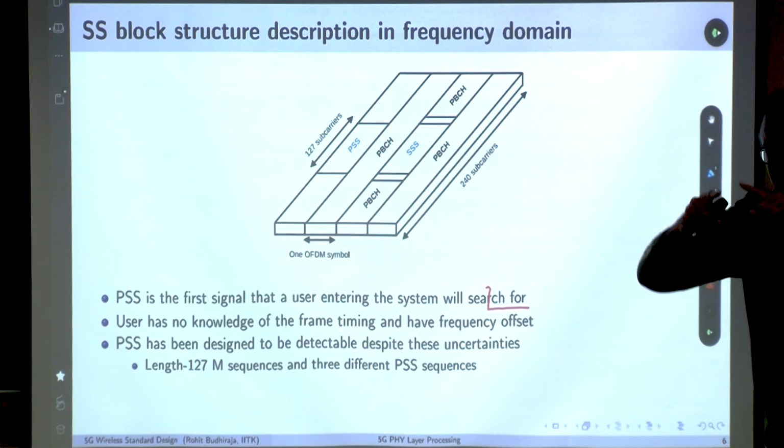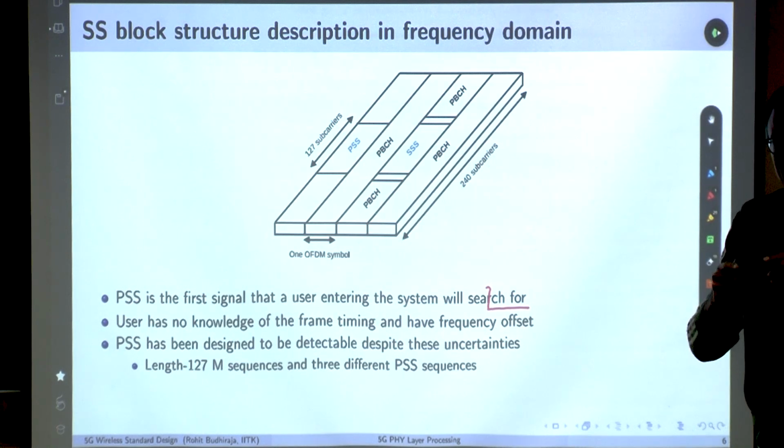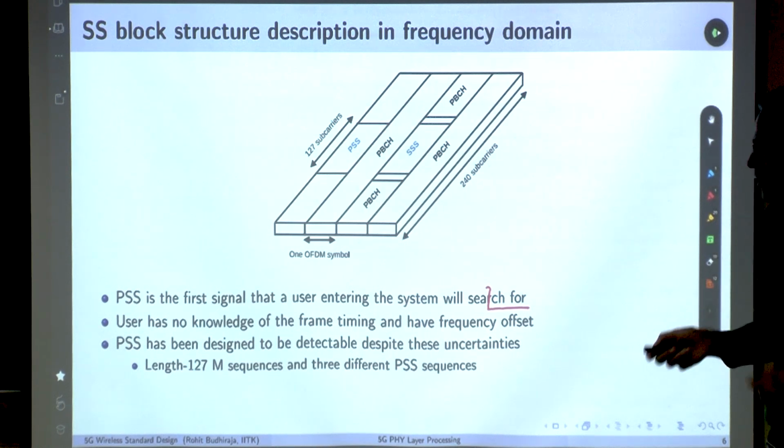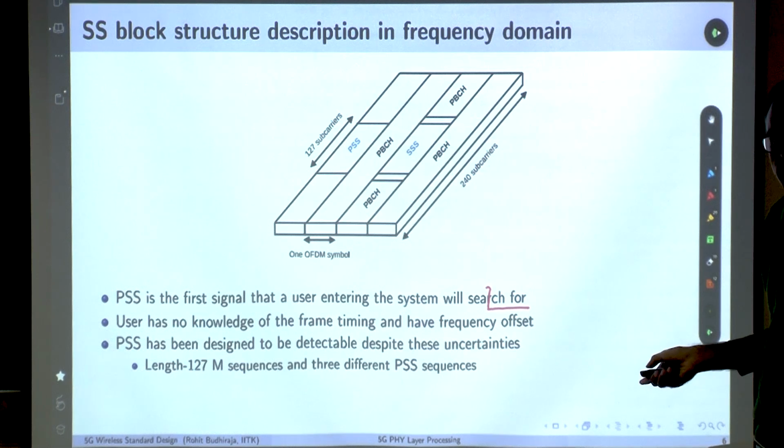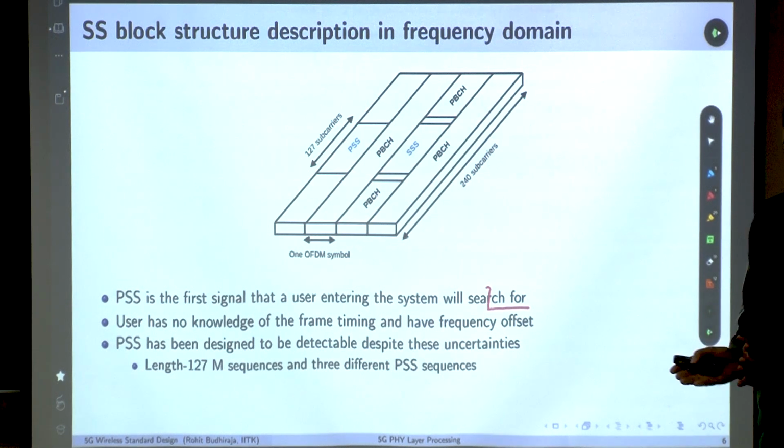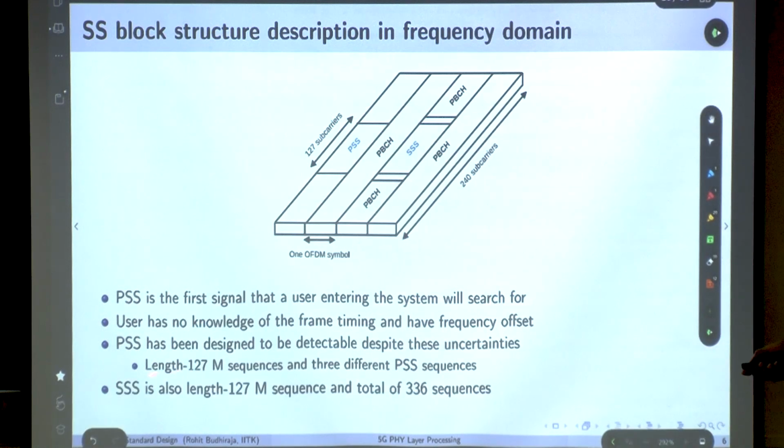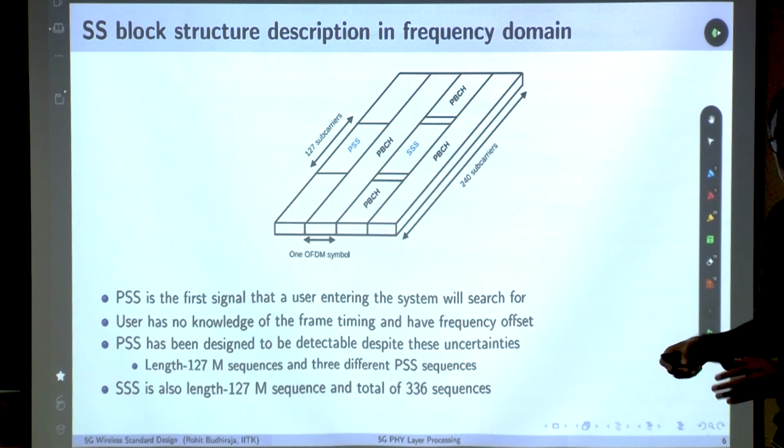Let's say you have a cell. Each cell will have 3 sectors. The first sector will use one PSS sequence, the second sector will use the second PSS sequence, and the third sector will use the third PSS sequence, so that they don't interfere with each other. Then SSS is again a 127 M-sequence, and there are a total of 336 sequences.